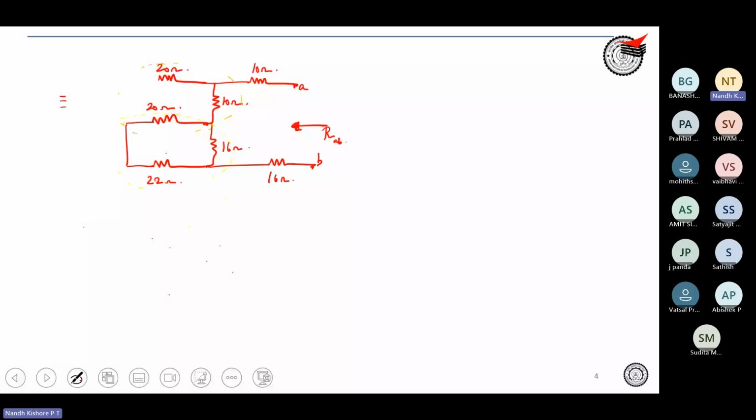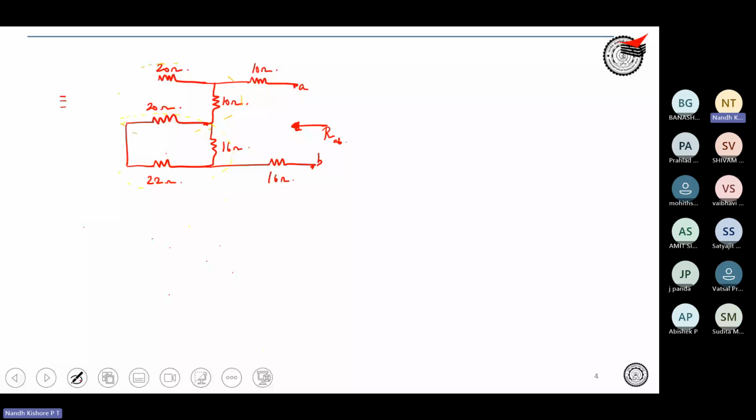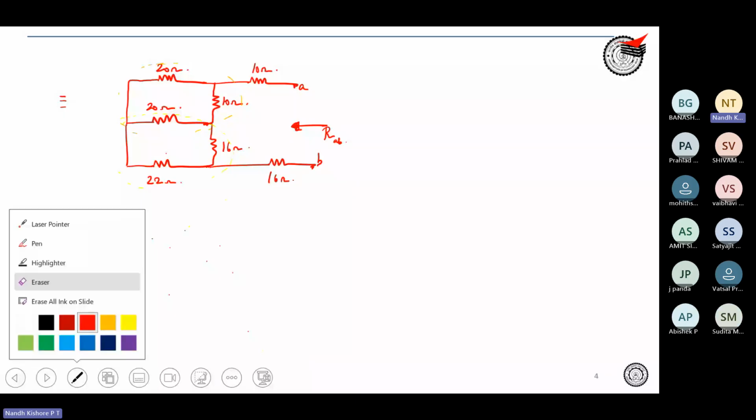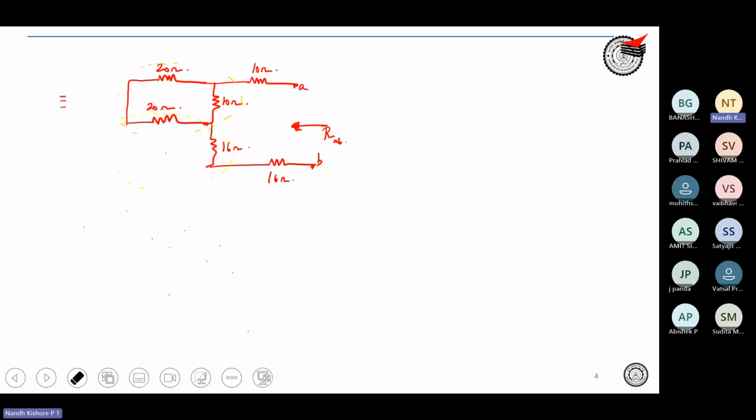So what we will do is we will redraw this just for you guys to understand. So I can redraw this as something like this. Right now it seems more apparent that this is a delta connection. So now this can be simplified as this, and this.